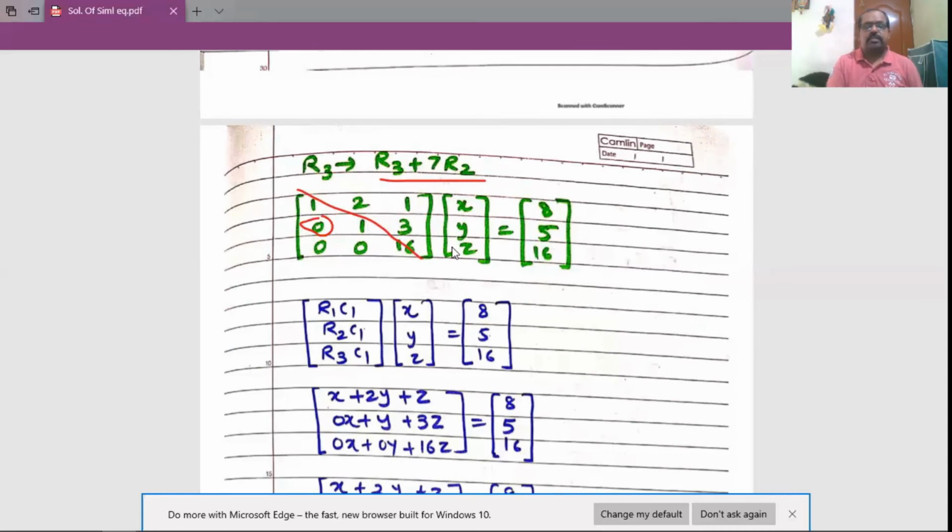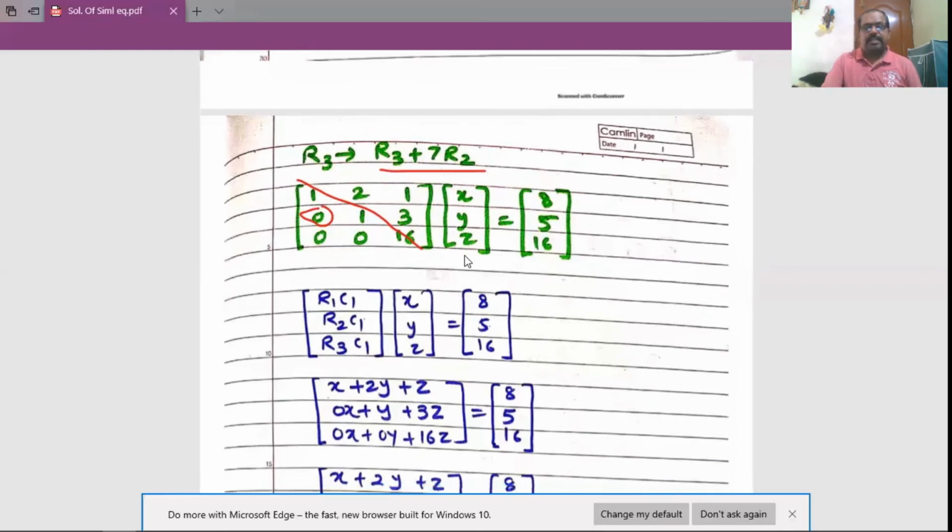So that gives us the element in the third row as only 16z, 0x plus 0y plus 16z. 0 multiplied to any term will become 0. So the only non-zero variable left in this row is z.